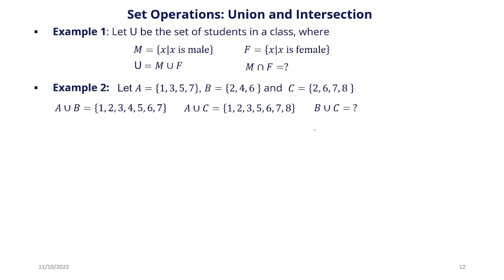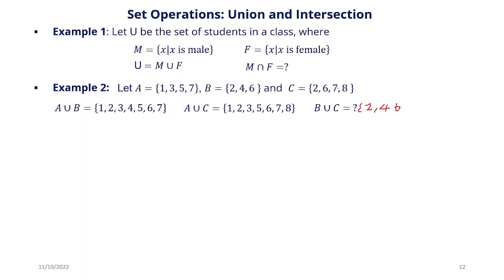What about B union C? Can you guess? So the elements are going to be what? Elements cannot be repeated. So we'll have 2, and we'll have 4, and we'll have 6.